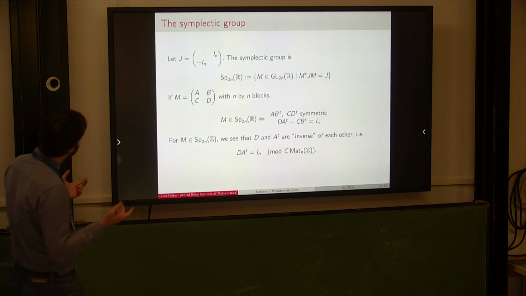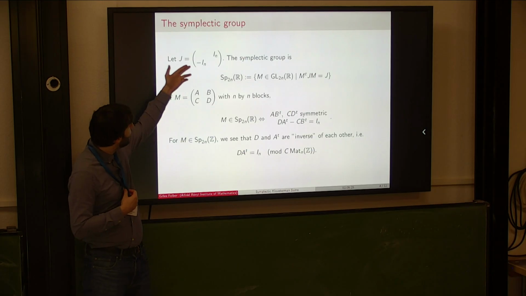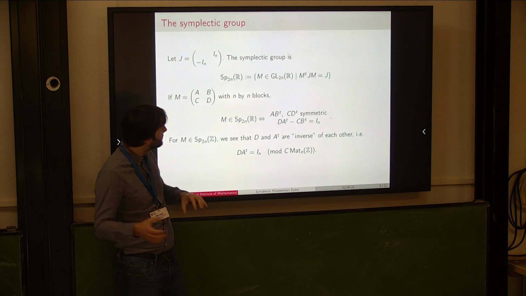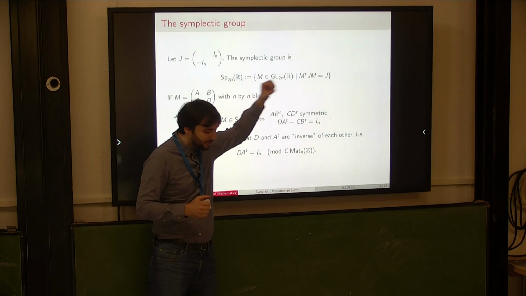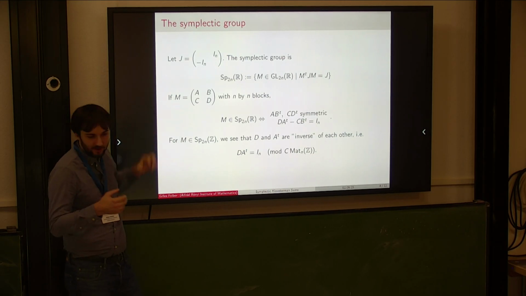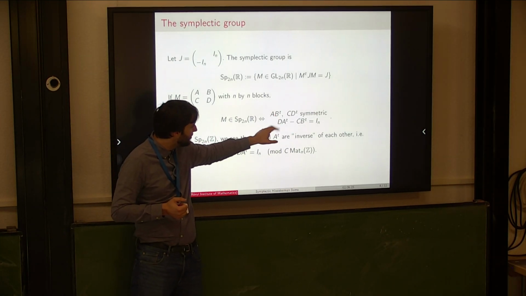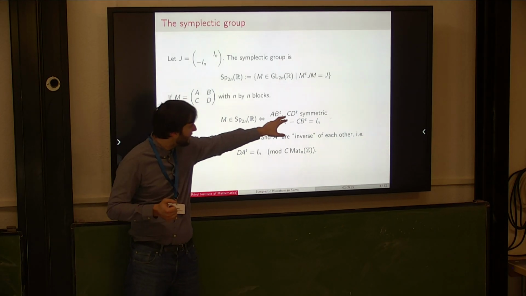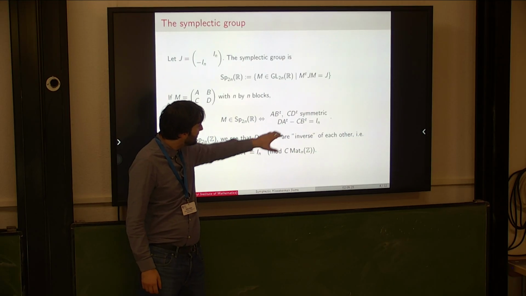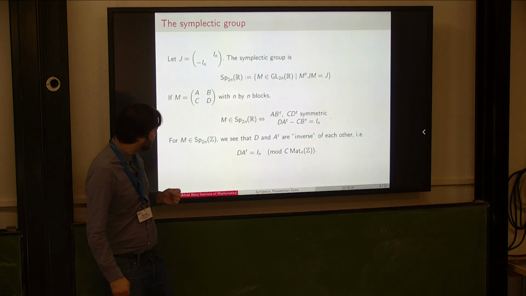So I want to speak about the symplectic Kloosterman sum. The symplectic group is given using this J matrix, and we consider the 2n by 2n matrices that leave it invariant under congruence. If we write M as a matrix with n by n blocks A, B, C, D, this is actually equivalent to asking that the products with the transpose are symmetric, and you have this kind of determinant condition, D A transpose minus B C transpose, which is the identity.